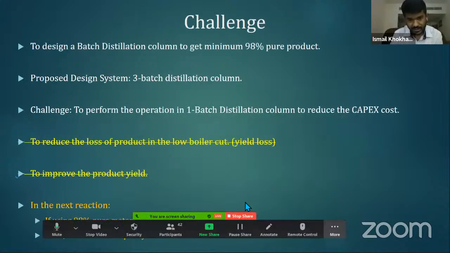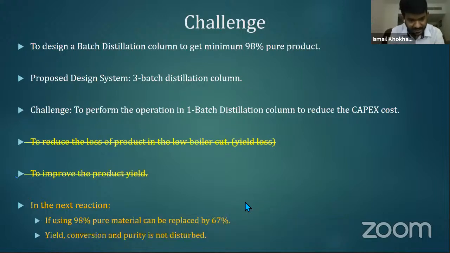So now the challenge became like this. The initial 3 steps remain as they are. Fourth and fifth we eliminated. So the next challenge was whether, in the next reaction, the 98% material can be replaced by 67% pure material. That was the first target.